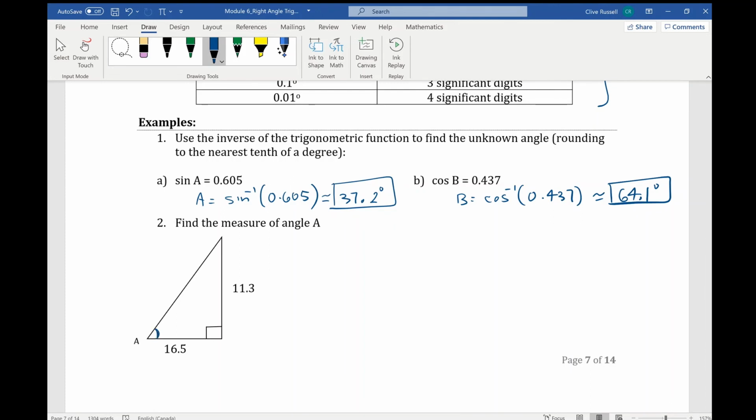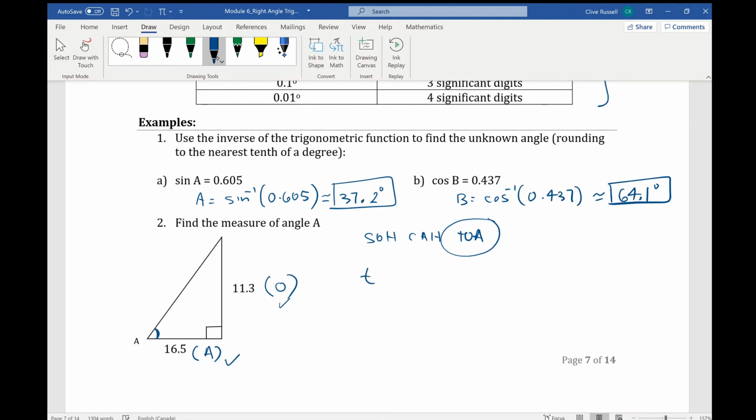And for this last one now, we want to find what A is. So A is our reference angle. This 11.3 is our opposite. The 16.5 is our adjacent. So SOHCAHTOA. We're looking for a ratio involving opposite and adjacent. So that's tangent.